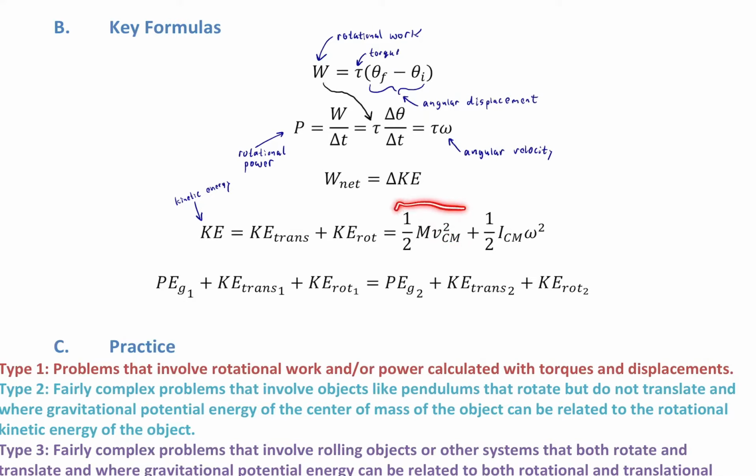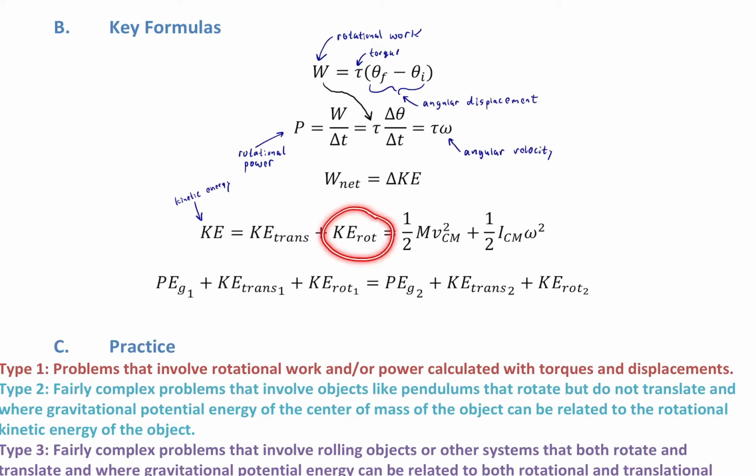This is particularly relevant for rolling objects, because if I was to consider the velocity of the perimeter and square it, I would get the wrong answer. That would not be its translational kinetic energy. The only velocity that you can use for the purpose of translational kinetic energy is the velocity of the center of mass relative to the ground. Okay? Make sure that makes sense to you, because that is an important step to not get wrong. Otherwise, these are very powerful tools to make solving complex problems simpler. But you have to be careful for potential pitfalls, like using the wrong translational velocity. Okay, so we're good there.